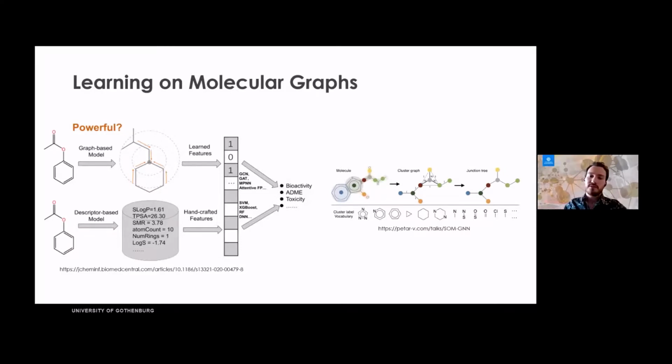Or you can do the approach on the right, where you take specific chemical groups, so let's say rings, aromatic rings, or certain functional groups, and add that as a vocabulary, and that will be closely associated with glycans, because then in this cluster graph that is shown, every dot here would correspond to a monosaccharide, for instance, that would of course correspond to a chemical structure, but we would have then this nice graph.